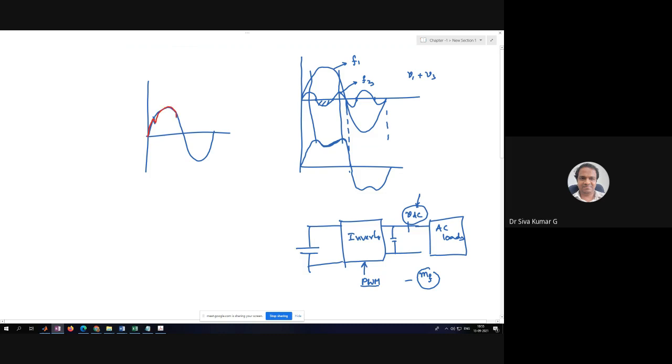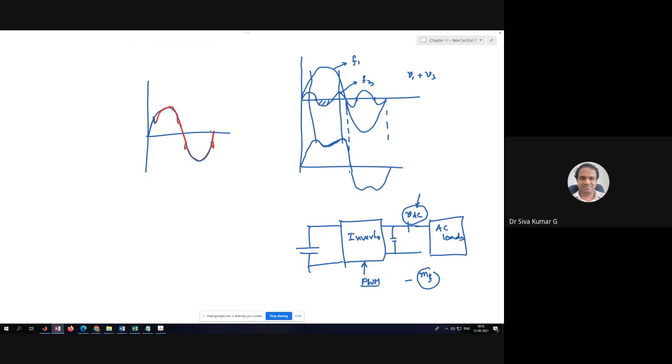Don't think it is because of the fifth harmonic component. It is basically because of the commutation, the source inductance effect. Because of the source inductance, this is one of the reasons to have notchings in the current or in the voltage waveform.